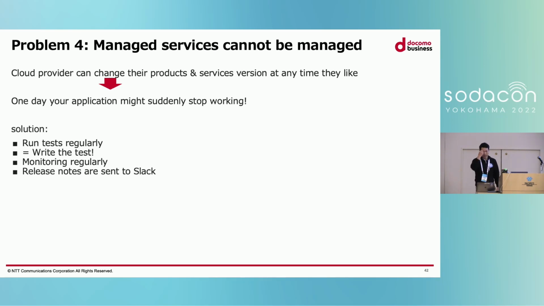This means that you will have to write tests. By having tests, you can immediately estimate the impact when an alpha version or another version is released. You also need to devise a way to have Slack notify your release notes so that you don't miss them.